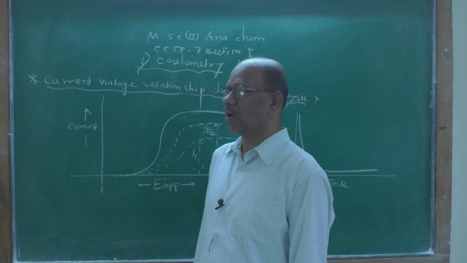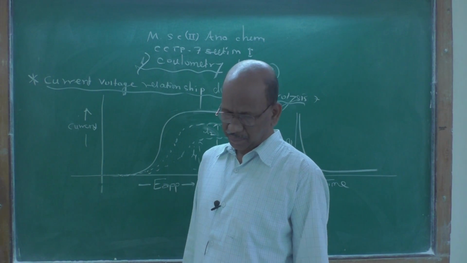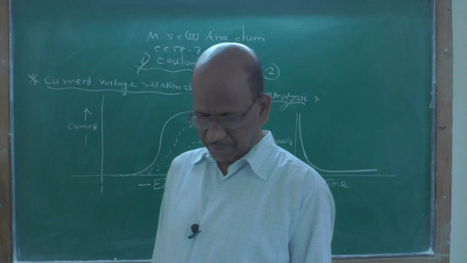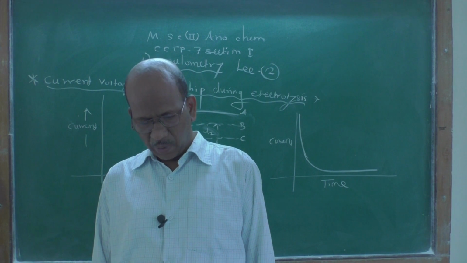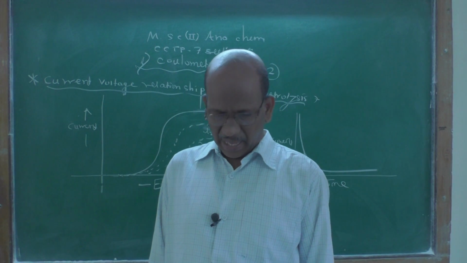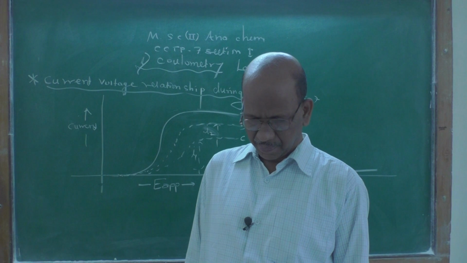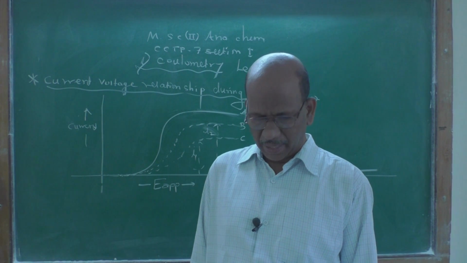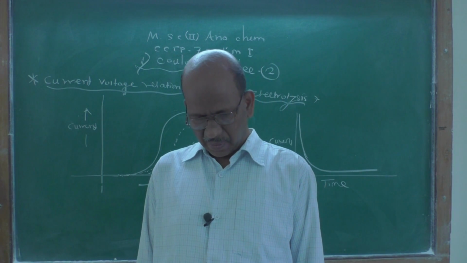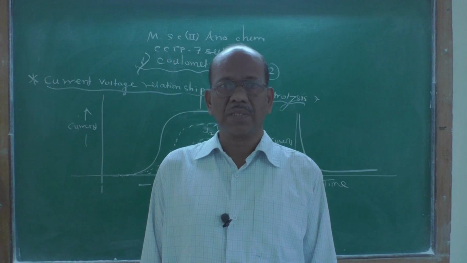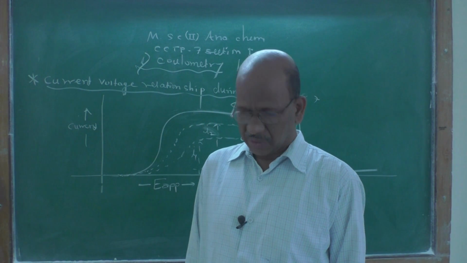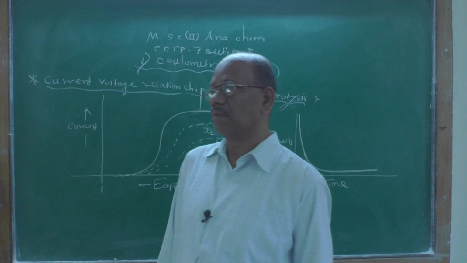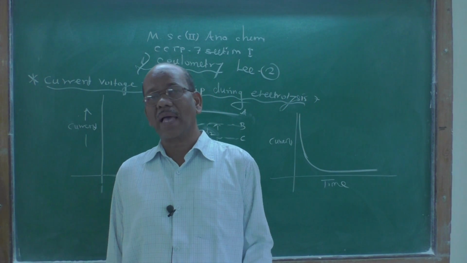N is the number of electrons involved in the reaction. Wm is the gram atomic weight or molecular weight of the substance. W is the substance deposited, or sometimes the amount of gas liberated.